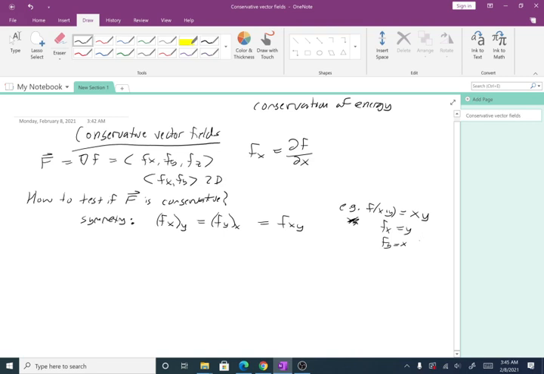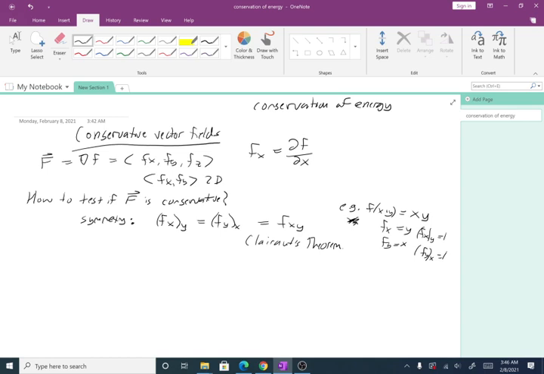And if you differentiate fx, you get 1, and if you differentiate fy, you get 1. So these two things are just equal. This is actually called Clairaut's theorem, but I think this is kind of an obvious observation, at least in this era.